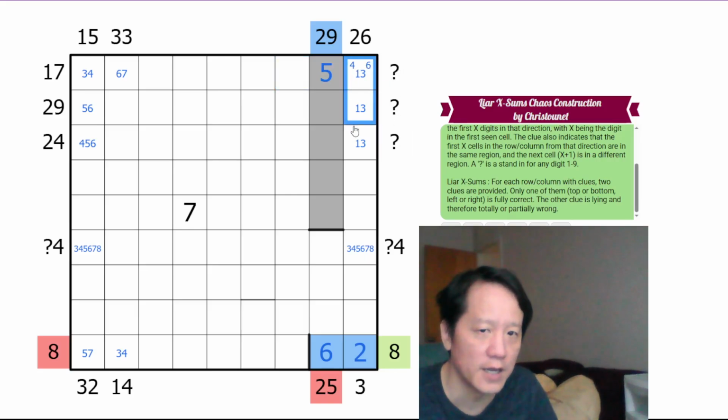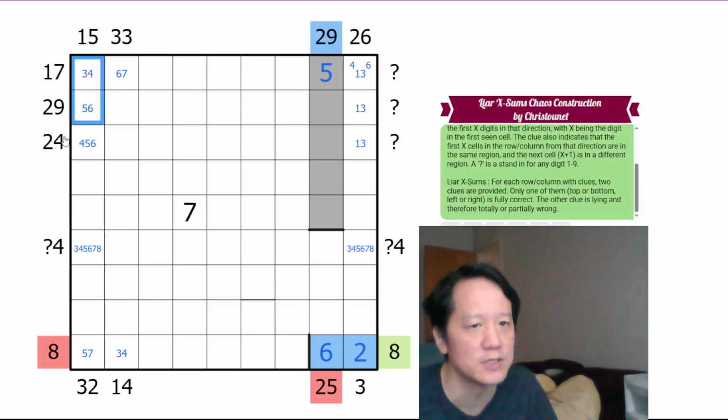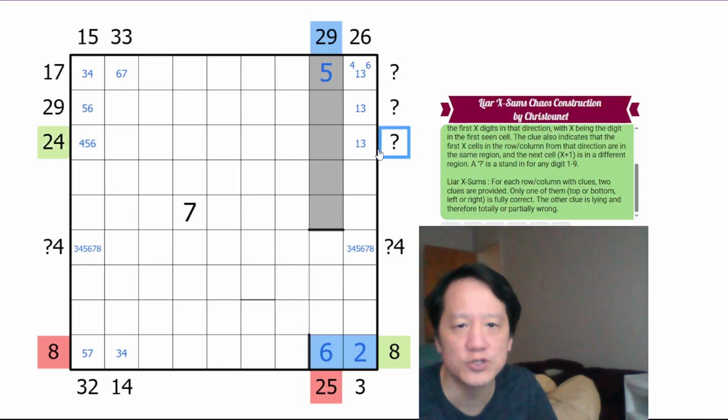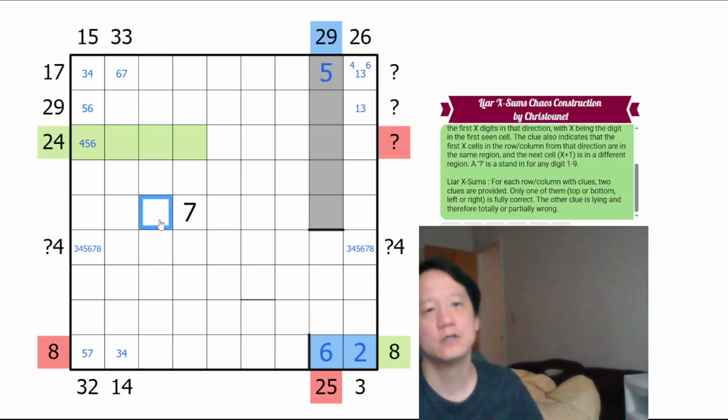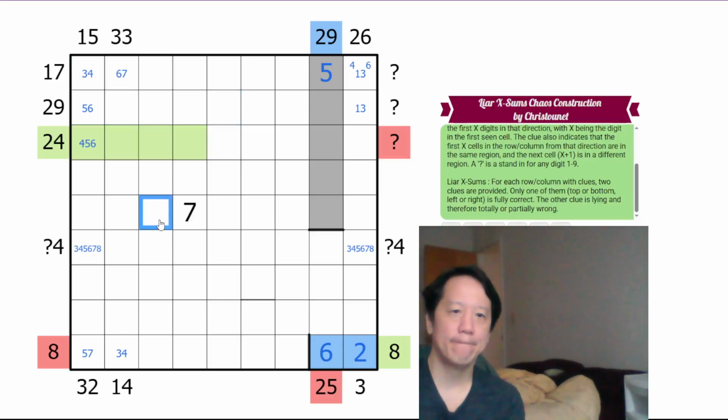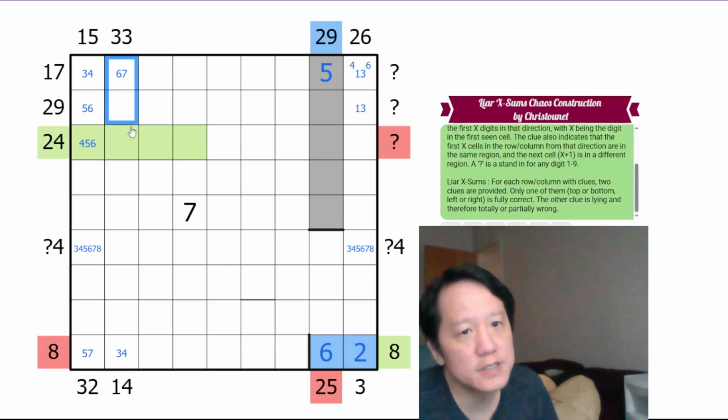So then, again, 2 out of these must be true. Again, both of these can't be true at the same time. So this is guaranteed to be true, which means this is false. So we don't care about that. This is guaranteed to be true. 1 out of these 2 is guaranteed to be true. We don't know which. This cannot be true.